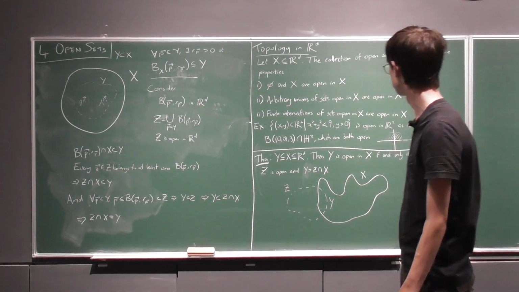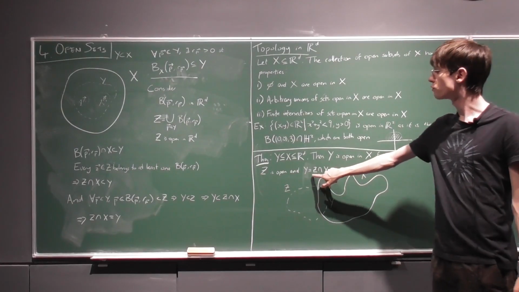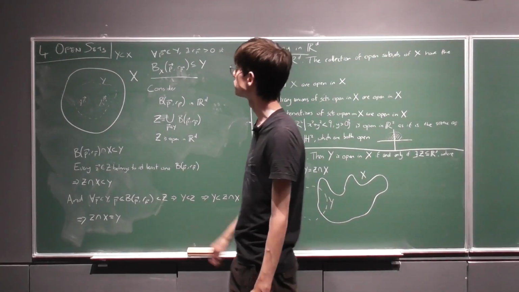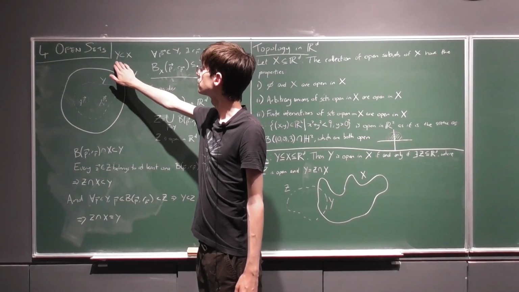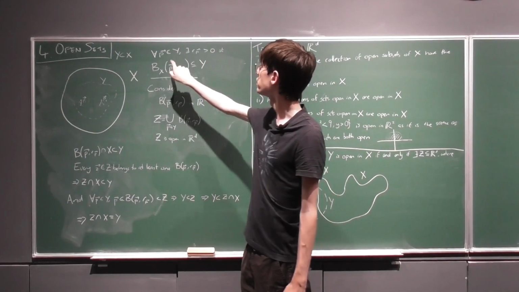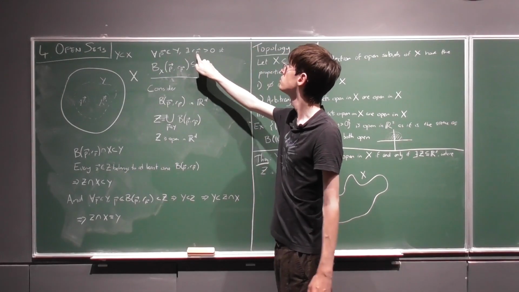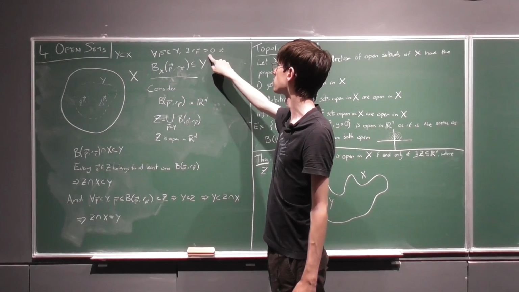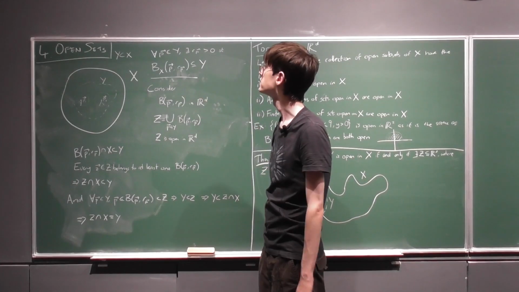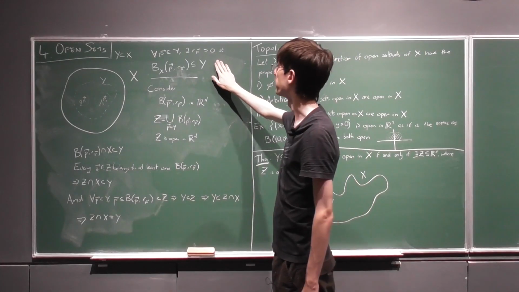So to prove the statement that essentially all of the open sets must have this form of Z intersection X, we're going to start with just taking any open subset Y in X, and for all points P in Y, there exists some radius, potentially small, greater than 0, such that the open X ball of that radius lies within Y. And this is just true by definition of Y being open.